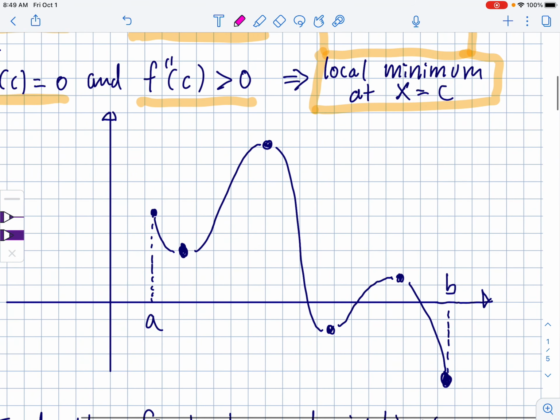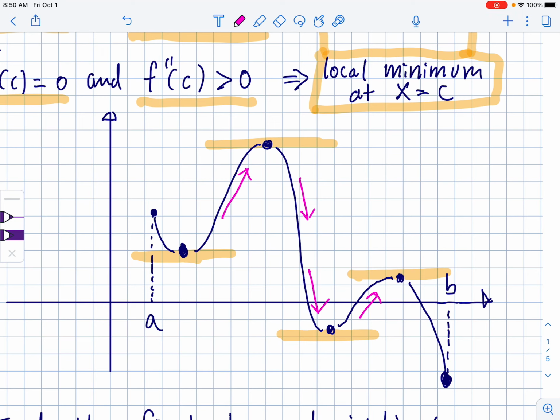So I thought I'd throw this little diagram in here. Any of these horizontal turning points, or stationary points sometimes they're called, have a derivative of 0, and they're these turnaround points where the slope changes from either uphill to downhill or downhill to uphill.